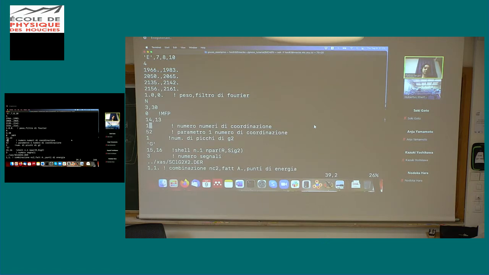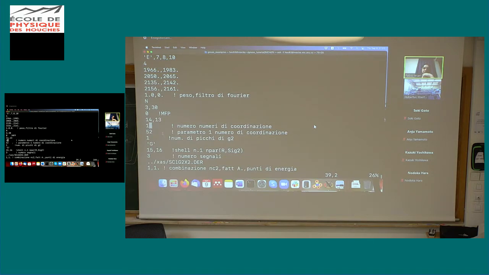So for coordination number, first you need to define how many you want to use. This is done again to try to minimize the number of parameters you need to fit.